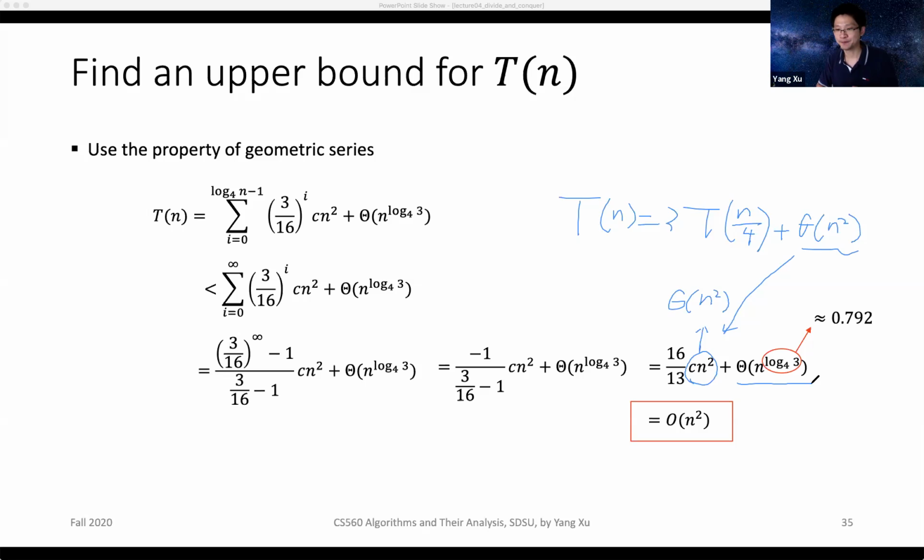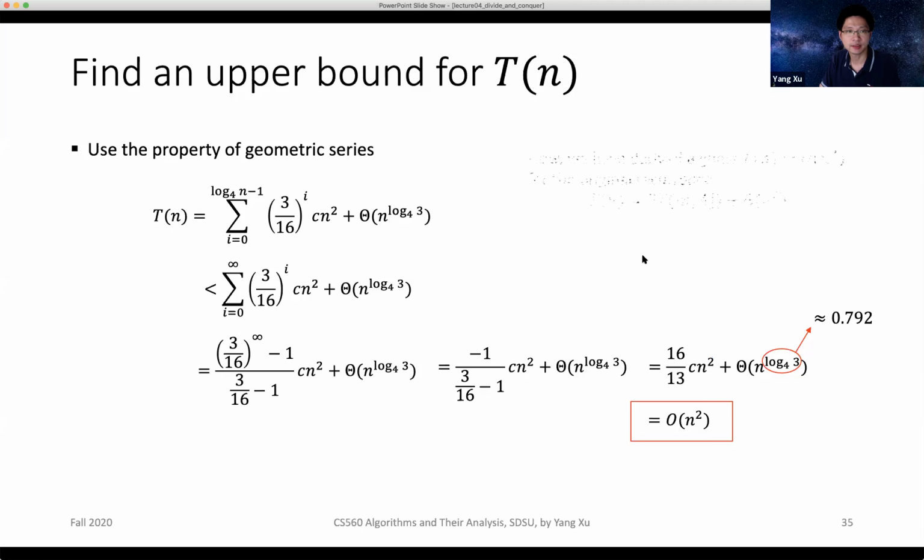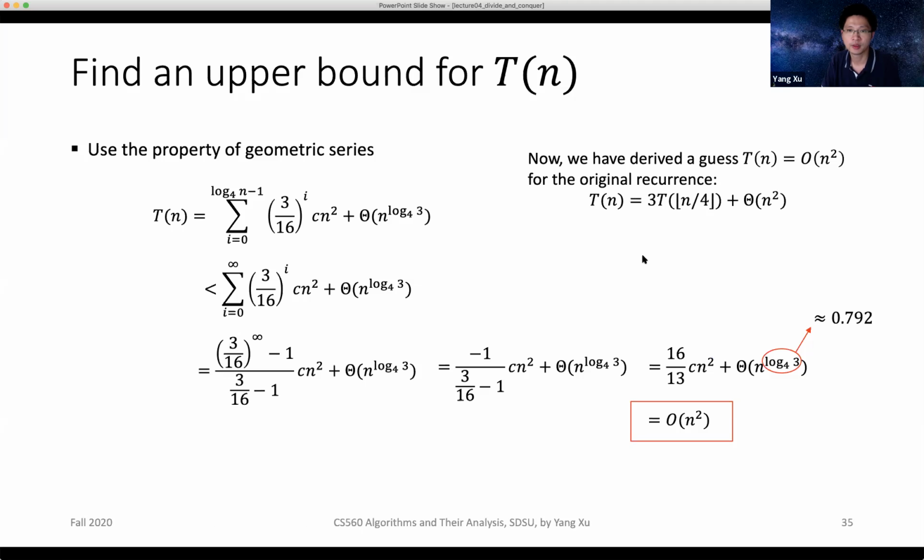So we are not ignoring any terms in the original recurrence at all. So it basically conserves all the information. And we use geometric series to summarize the total cost of all the combining and splitting steps. Okay, so let's move on to the next slide, okay?